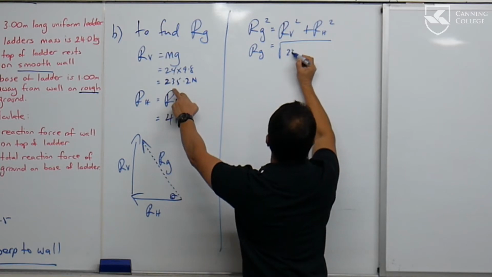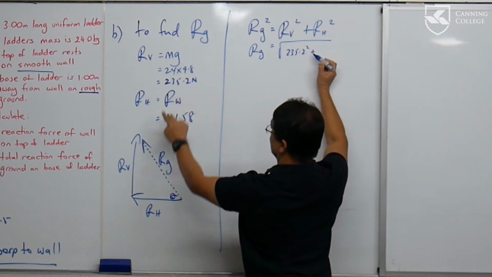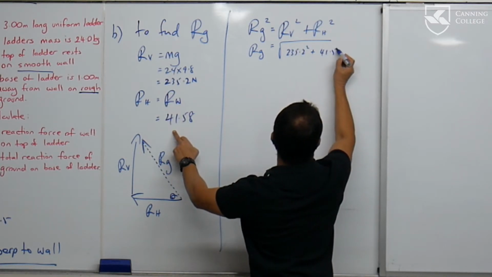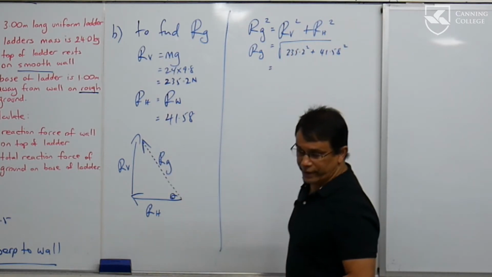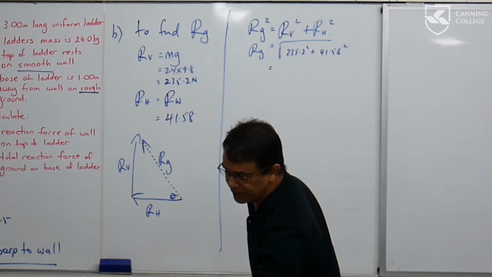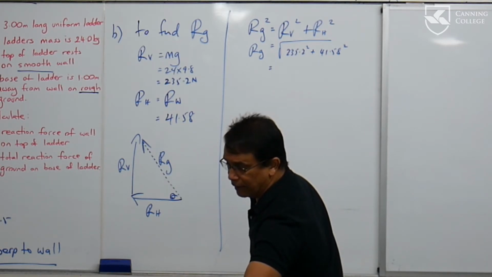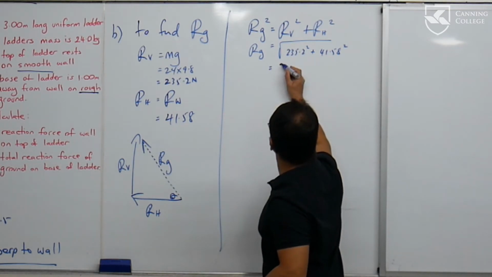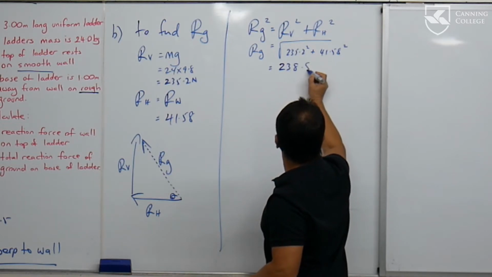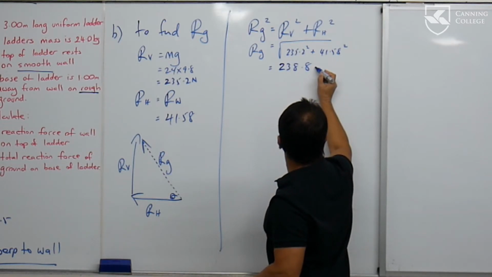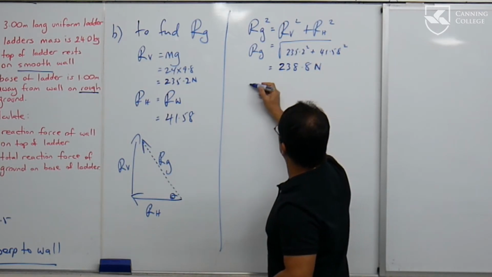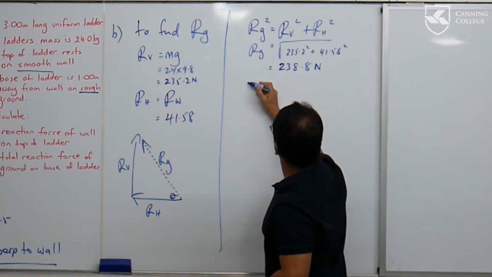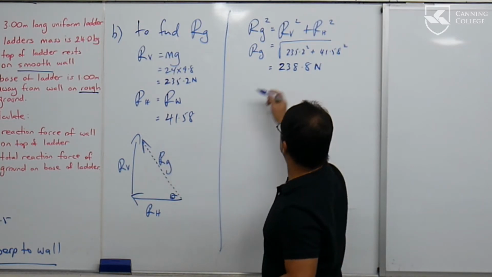Rv is 235.2 squared plus 41.58 all squared. I've kept everything nice and accurate for now, and Rg works out to be 238.8 newtons, just using Pythagoras. I'm not going to round off just yet. To find theta: I've got the magnitude of the total reaction force. What's the angle?